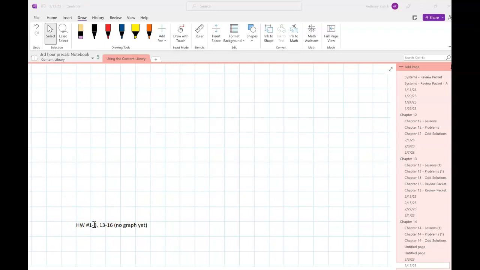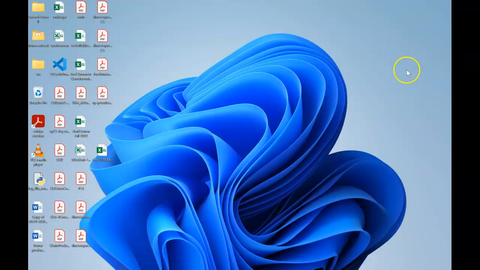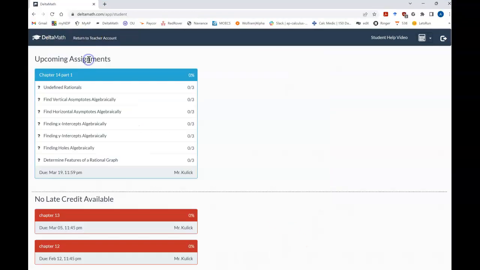Plan for the rest of the class: you guys can work on 1 through 8, and then 13 through 16, where you can find the attributes, but we haven't talked about how to get a graph out of that stuff yet, so don't worry about that. If you manage to finish that, or would prefer to work on Delta Math, you should now be able to do all of the sections from the Delta Math.